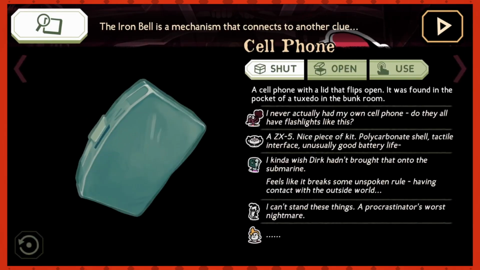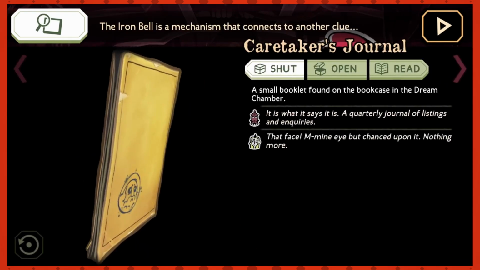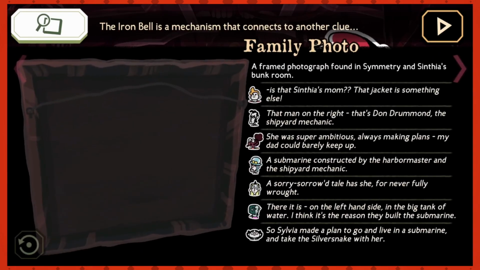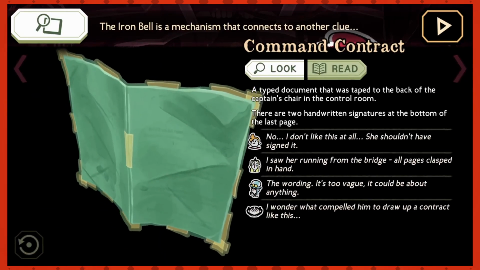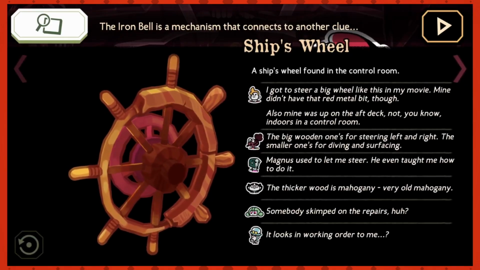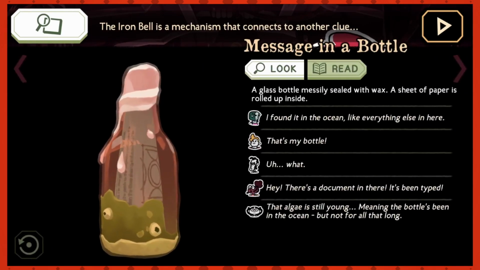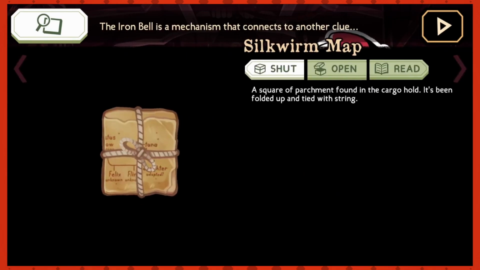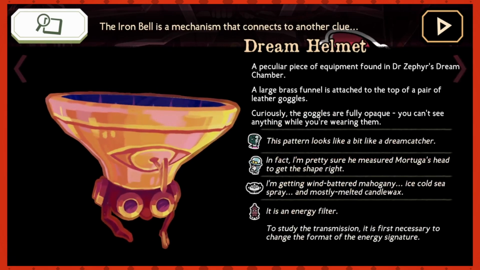Sun tablets, cell phone, picture. What was it? Come on. I saw it somewhere. Where the hell is it? No. Goddamn it, where was it?